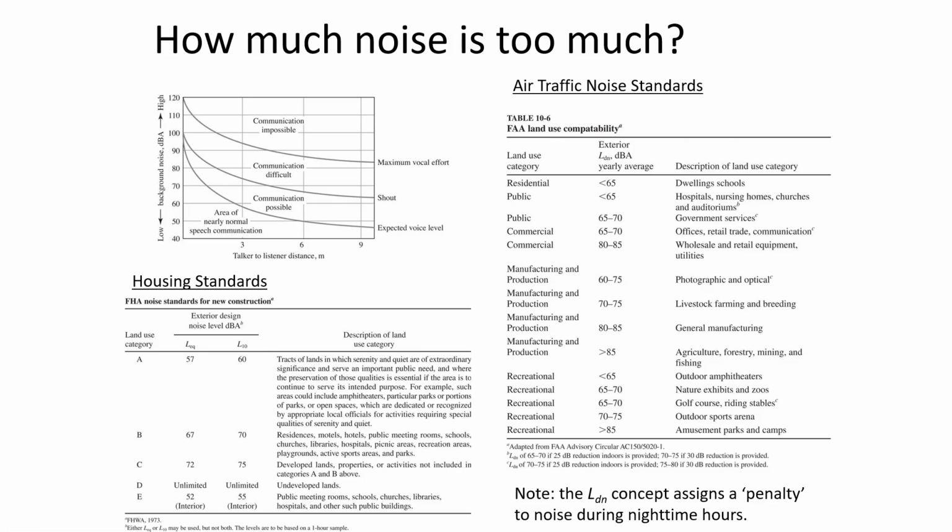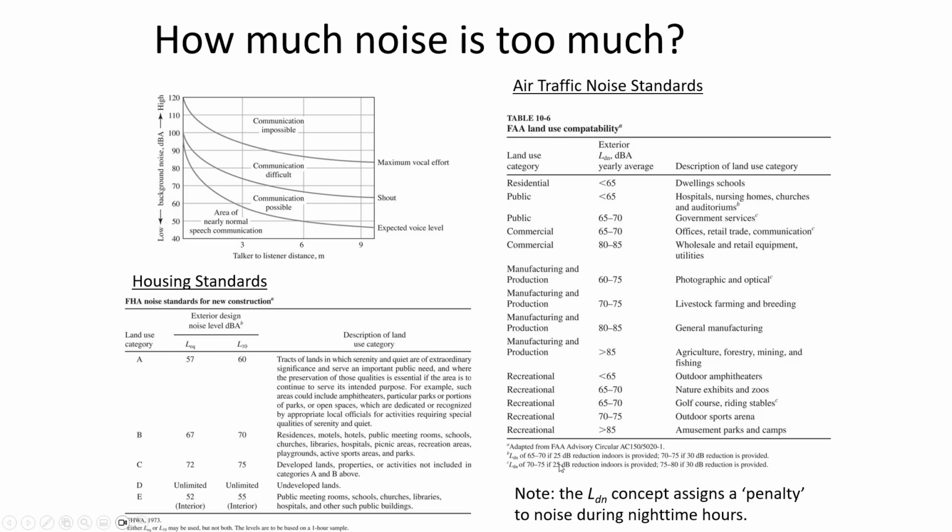The other big source of noise generation that has experienced a lot of study is aircraft noise. Whereas the first one was related to the combination between housing and roads, the FAA, the Federal Aviation Administration, has also looked at the effect that aircraft have on what's suitable for different types of environments.